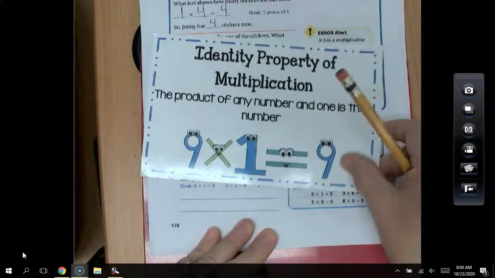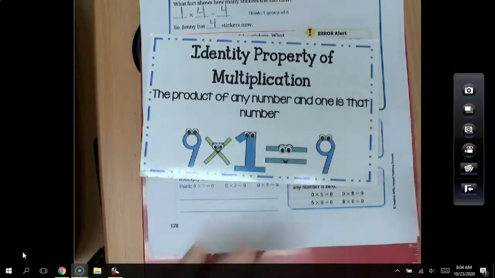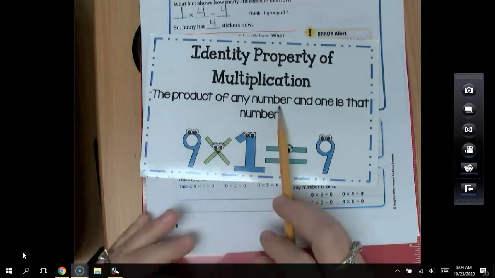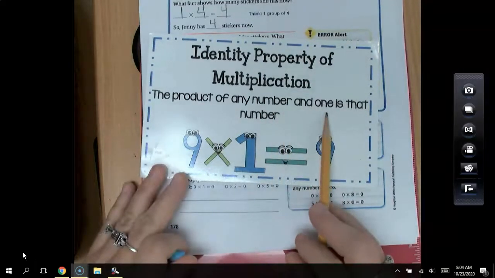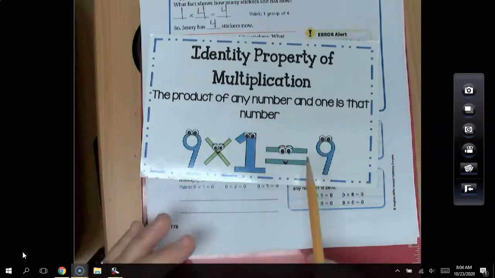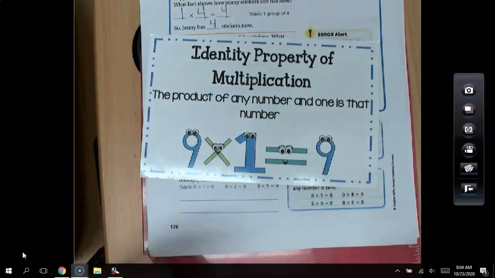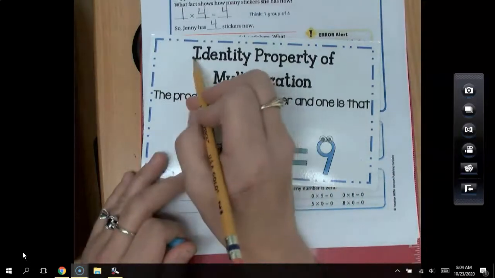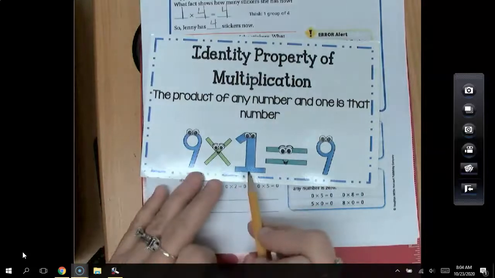The first one is called the identity property of multiplication. It is the product of any number and the number 1 is that number. So I think of identity property, the I can look like a 1.